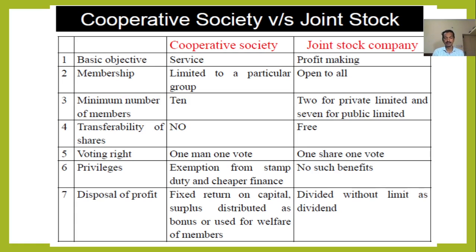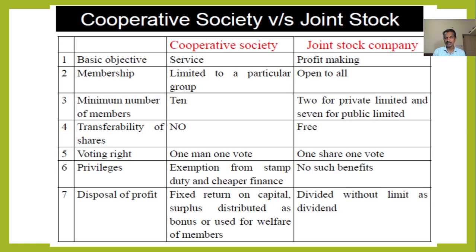Disposal of profits. Whatever profit is earned by the company will be disposed among the members. In case of cooperative society, fixed returns on capital, surplus is distributed as a bonus or used for welfare of the members. That is a fixed return.